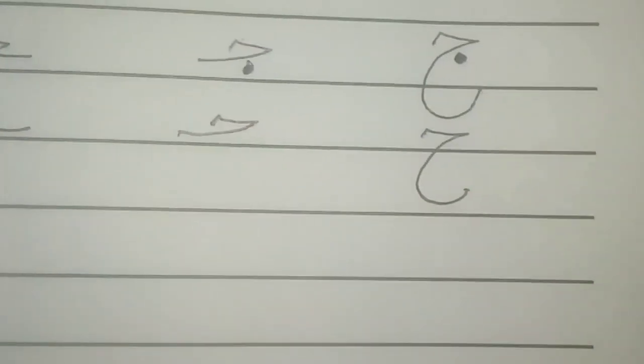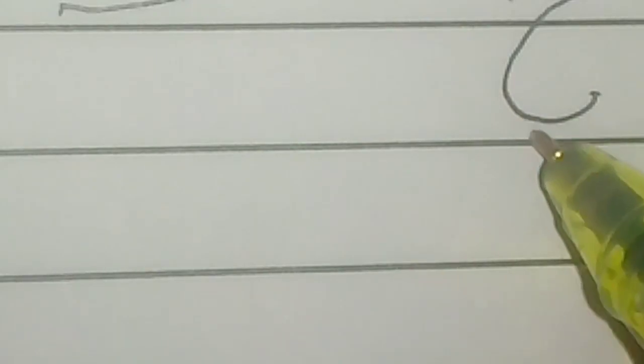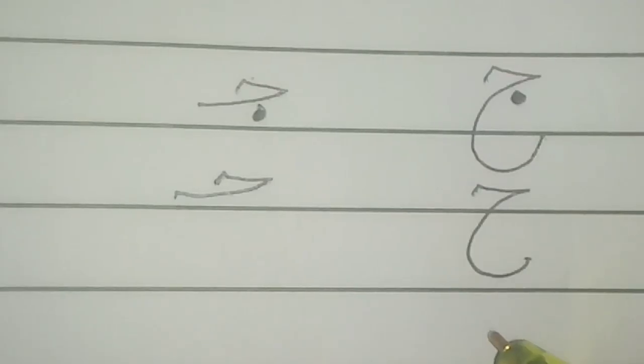After the Ha, we have the Kha. So just like the Jim and the Ha, we have the Kha. The Kha is characterized by one dot above it.